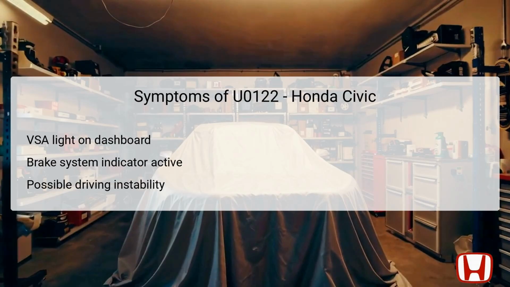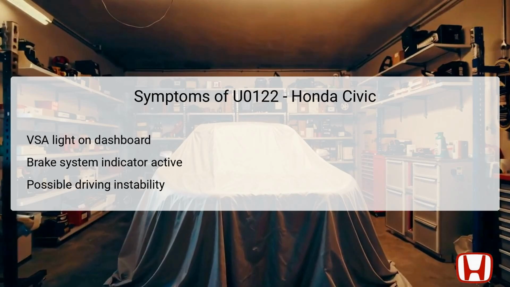Symptoms linked to DTC U0122 can manifest as warning lights on the dashboard, notably the VSA light and brake system indicator. Drivers may notice that these indicators remain illuminated, signaling a critical malfunction in the vehicle's stability systems.